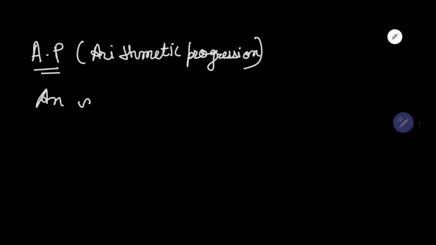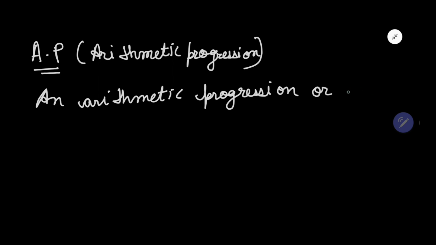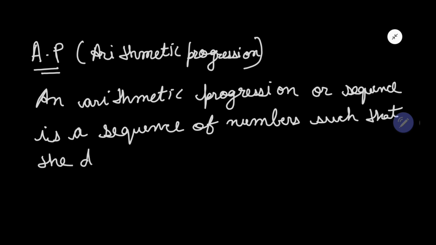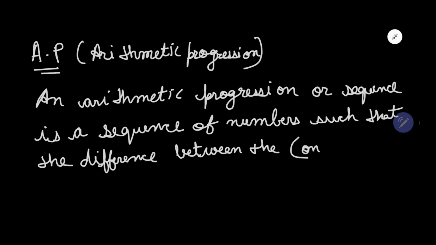So, an arithmetic progression or sequence is a sequence of numbers such that the difference between the consecutive terms is constant.